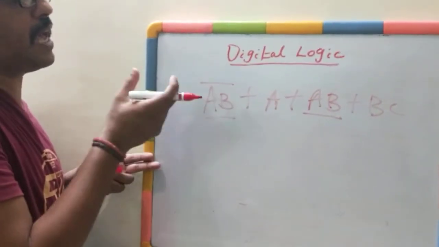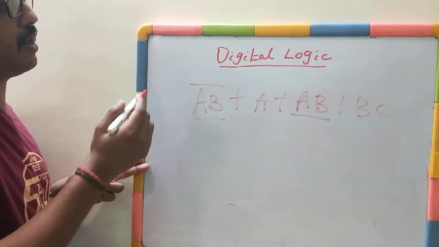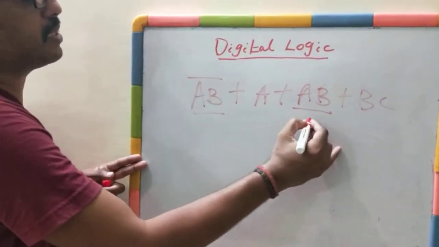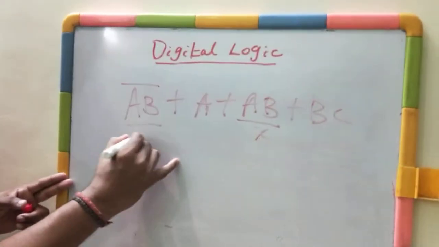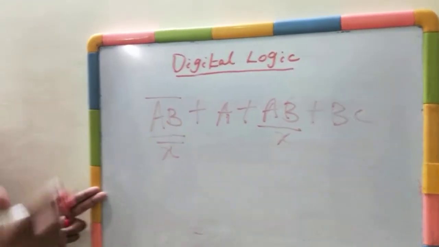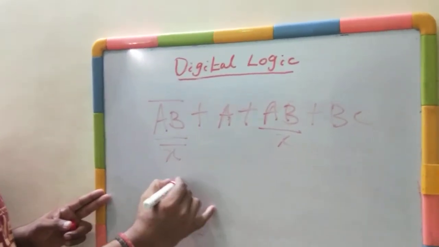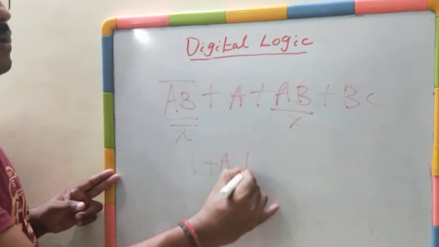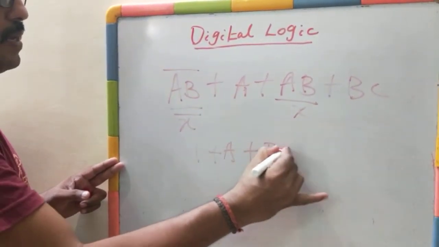You have to visualize AB as a single variable, so we can identify this expression. Assume this as an x, so this becomes x dash. So x plus x dash becomes 1. So 1 plus A plus BC.